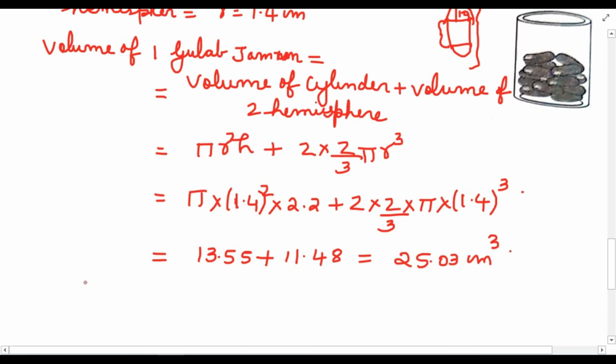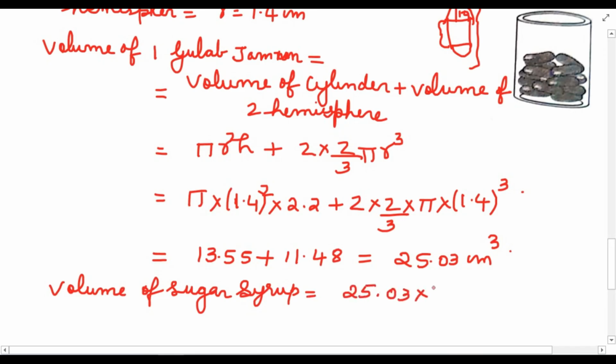Now 30% of this is sugar syrup. So we need to find the volume of sugar syrup in this gulab jamun. They have given that each gulab jamun contains 30% sugar syrup. So 25.03 into 30 by 100 is equal to 7.50 centimeter cube.